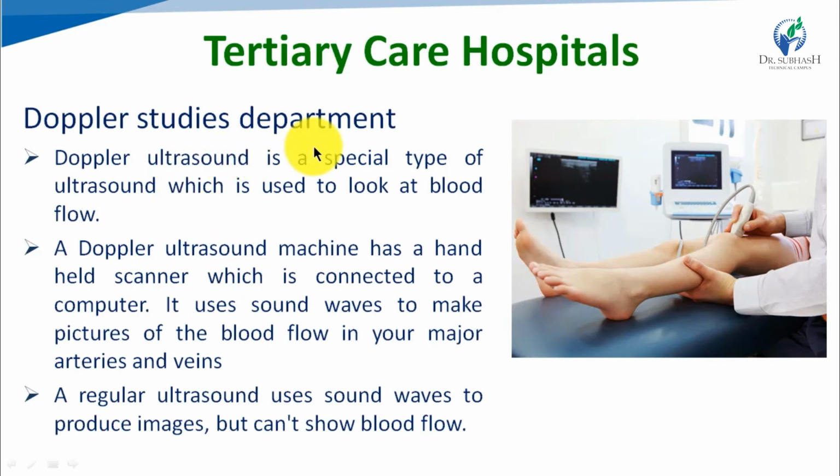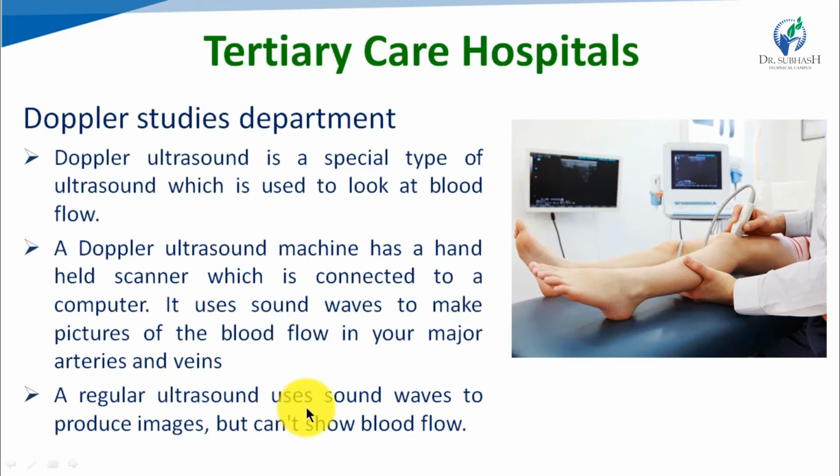Doppler ultrasound is a special type of ultrasound which is used to look at the blood flow. Here we can see the blood flow. A Doppler ultrasound machine has a handheld scanner. See over here in the picture, one scanner is connected to a computer. The scanner connected with the computer uses sound waves to make a picture of the blood flow in your major arteries and veins.